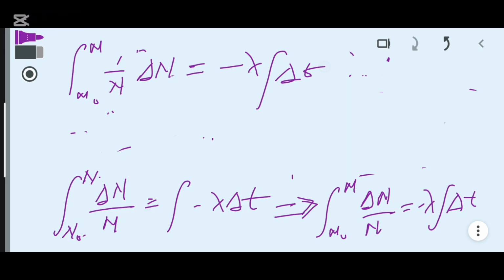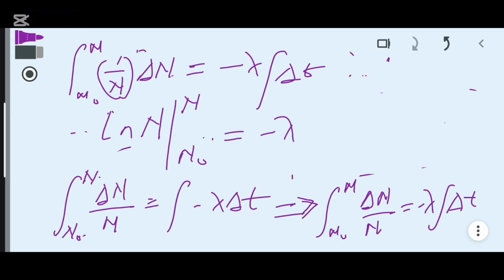The integration of 1 over N is ln N. So now I have ln N, with upper limit N and lower limit N naught, equals minus lambda times the integral of dt, which is t.